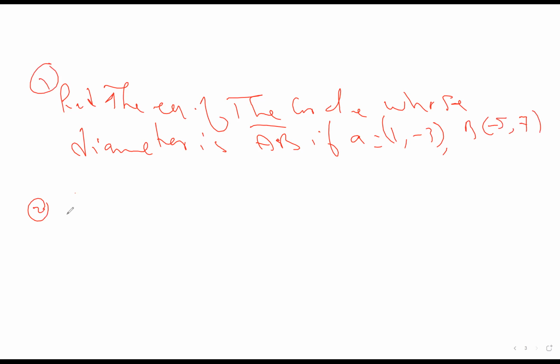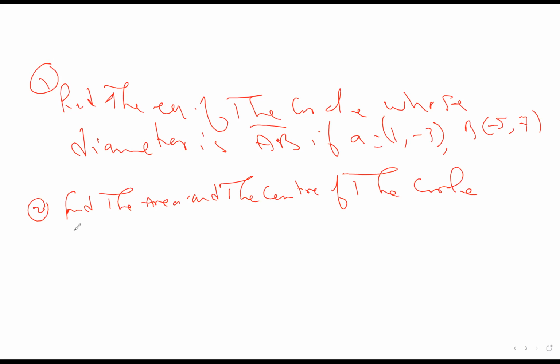Number 2: find the area and the center of the circle of equation x squared minus 6y plus y squared plus 8x equals 2.